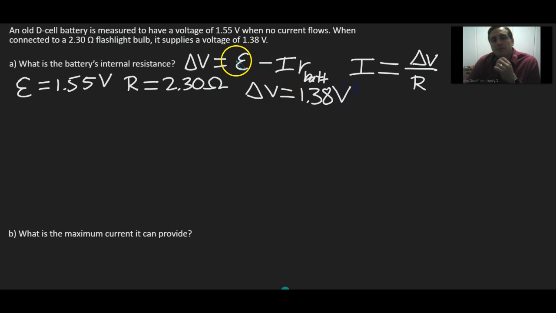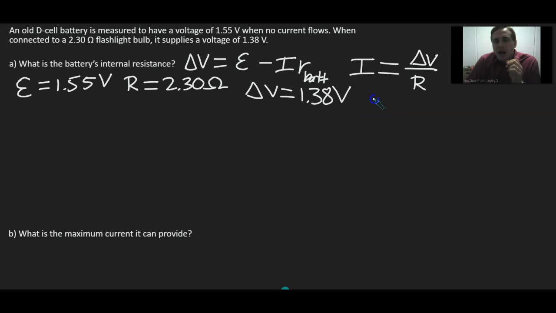Now notice, what this means is 1.38 volts, I believe, is 0.17 volts lower than 1.55 volts. And that means to say, because of the battery's internal resistance when current is flowing, that's right here, minus I times R here should give us 0.17 volts.